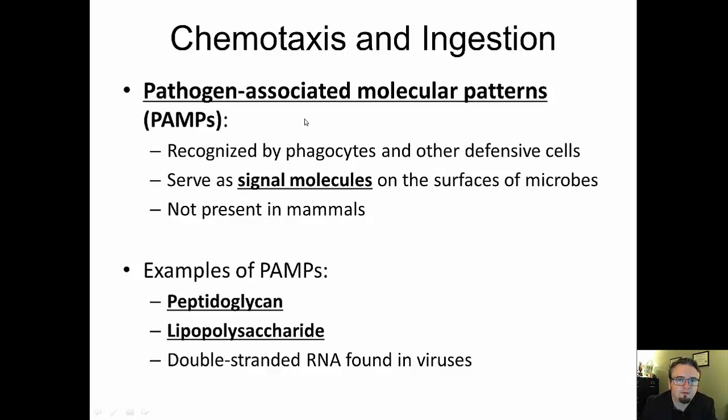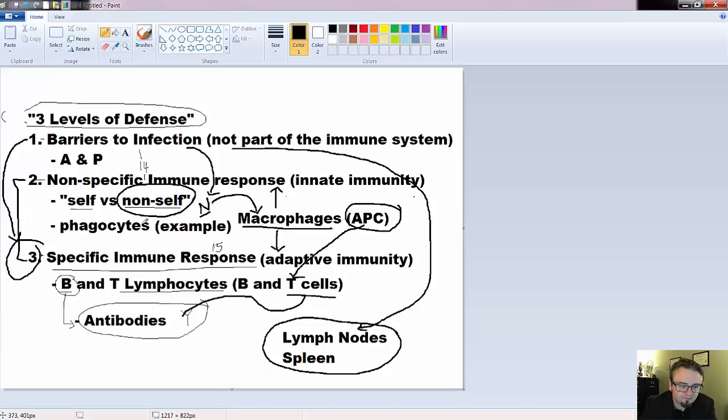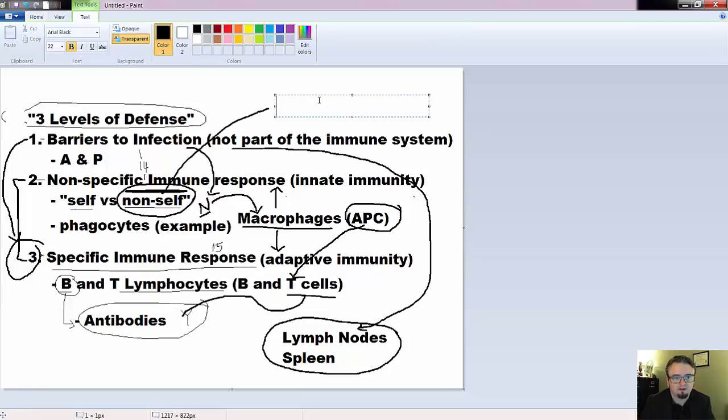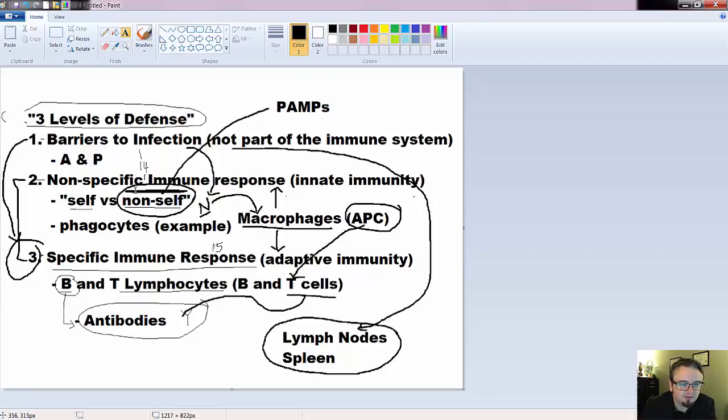So our immune system has evolved to key in on pathogen-associated molecular patterns, PAMPs. And just to go back and connect it to what I said earlier, this idea of non-self here, PAMPs are very distinct, recognized aspects of the non-self.